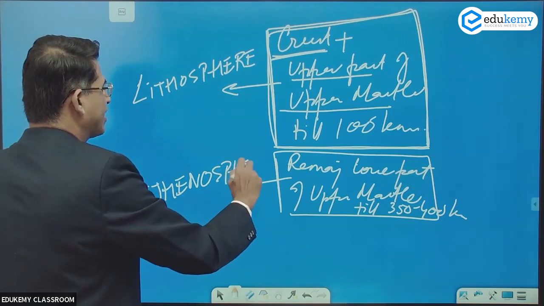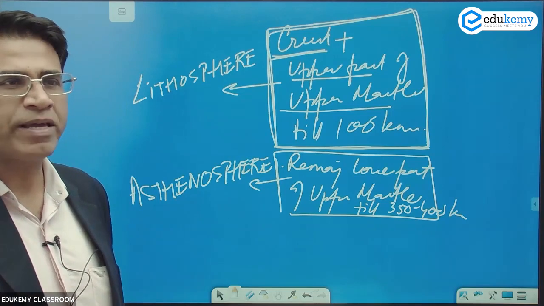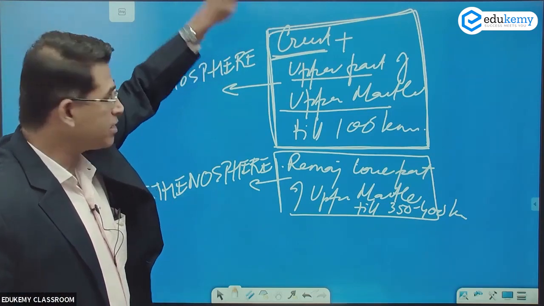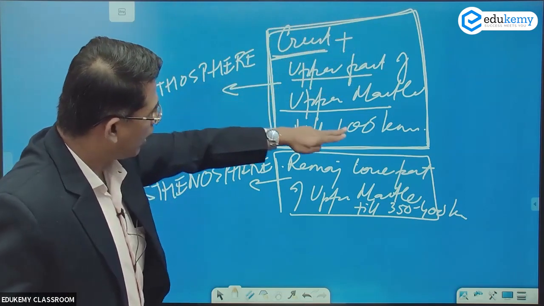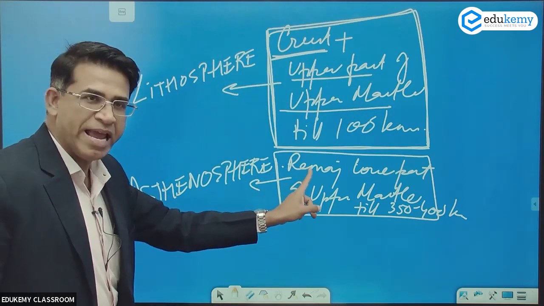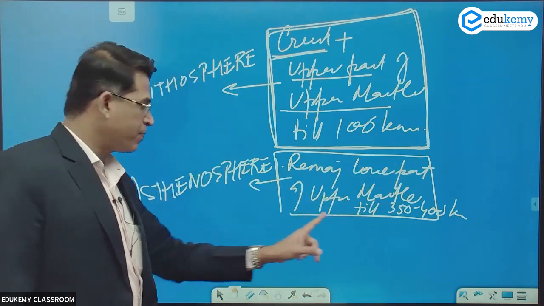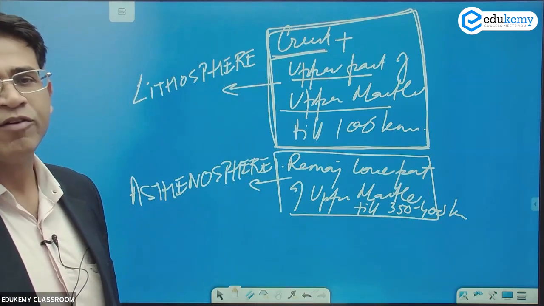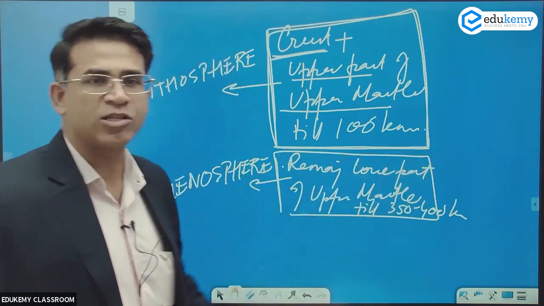Guys, are you all writing as I speak? The upper layer is what? Crust plus the upper part of the upper mantle up to 100 kilometers. The asthenosphere is the remaining lower part of the upper mantle till 350-400 kilometers. This is called the asthenosphere.